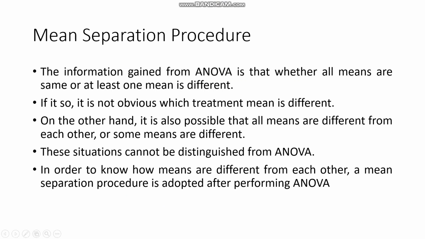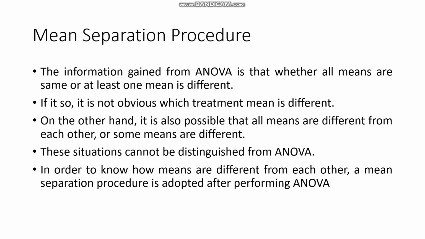Mean separation procedure. The information gained from ANOVA is whether all means are the same or at least one mean is different. If it is so, it is not obvious which treatment mean is different. It is also possible that all means are different from each other, or some means are the same, or some means are different.